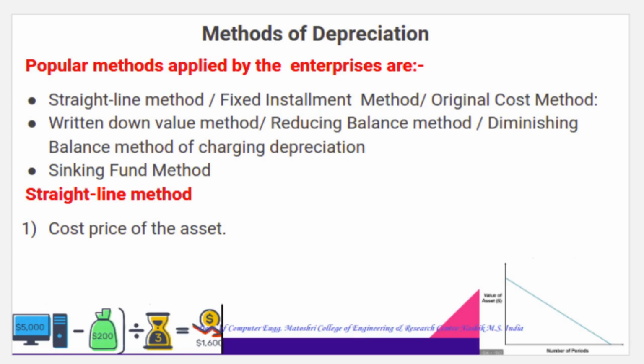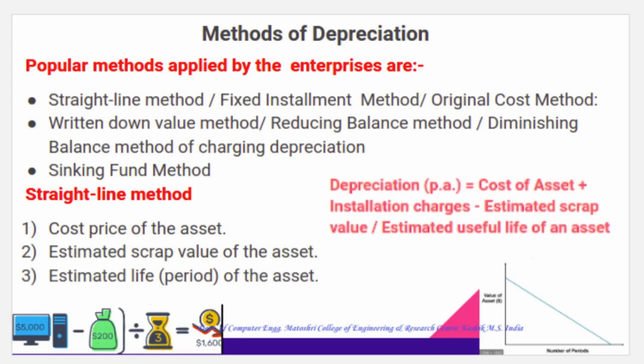This method assumes that the cost expiration of an asset is uniform throughout its effective life. The amount of depreciation depends on the cost price of the asset, the estimated scrap value of the asset, and the estimated life period of the asset.